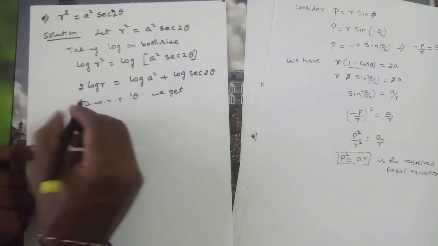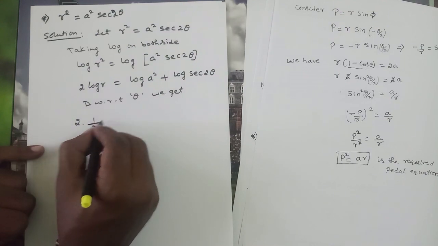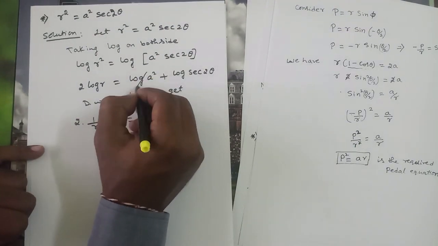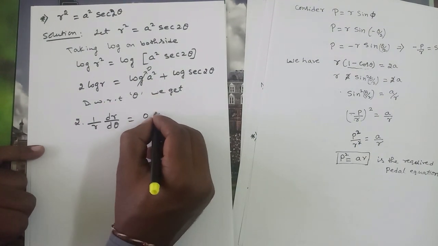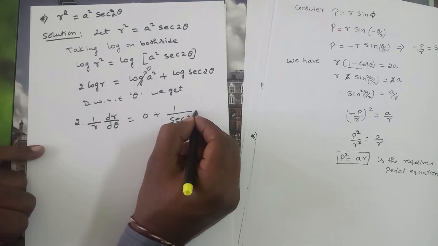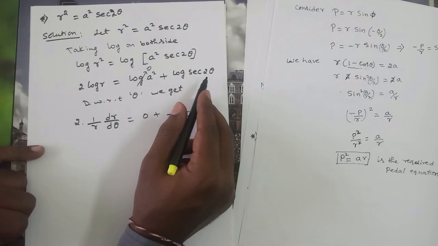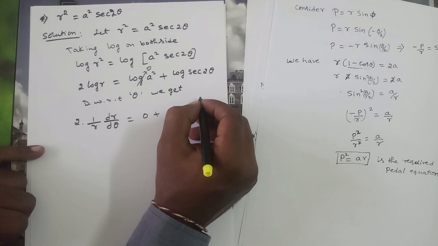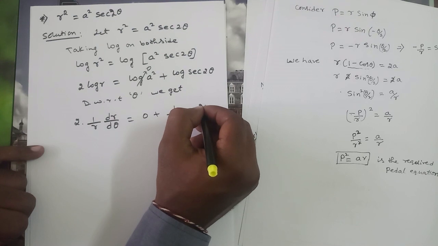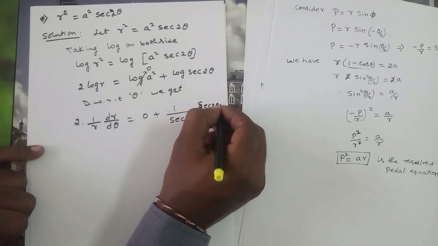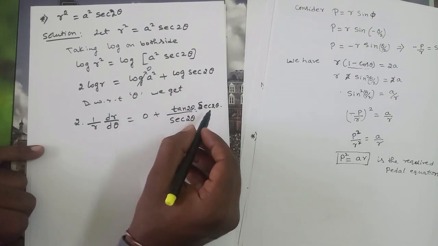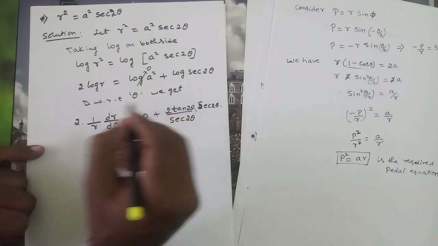We get 2 into 1 by r into dr by d theta equals, this is constant so this term becomes 0, plus 1 over secant 2 theta into secant 2 theta into tan 2 theta, and differentiating 2 theta gives 2.